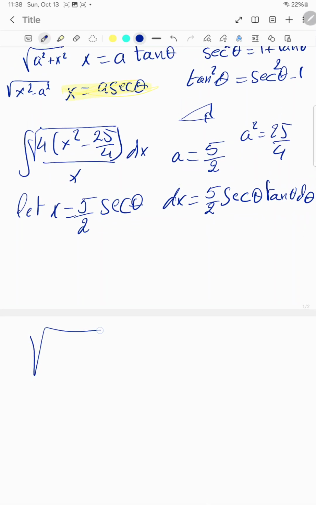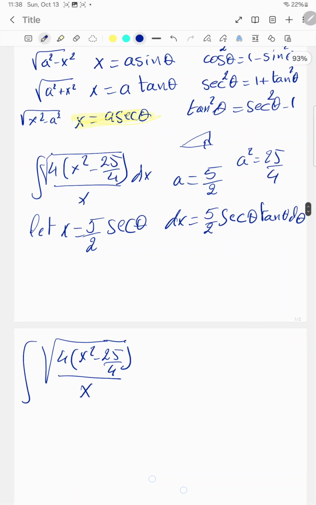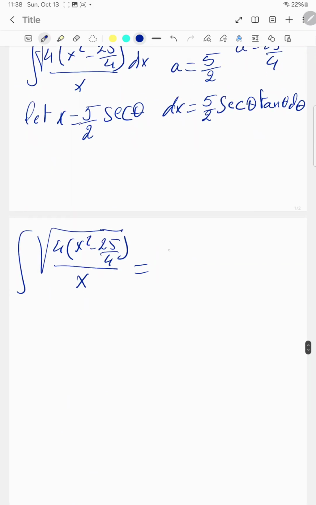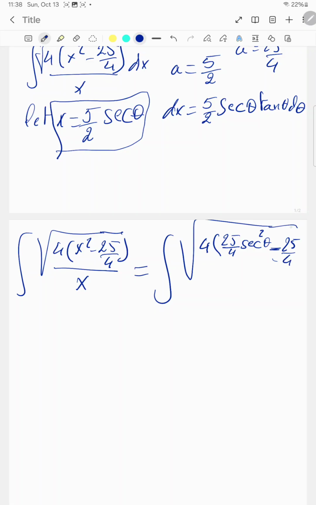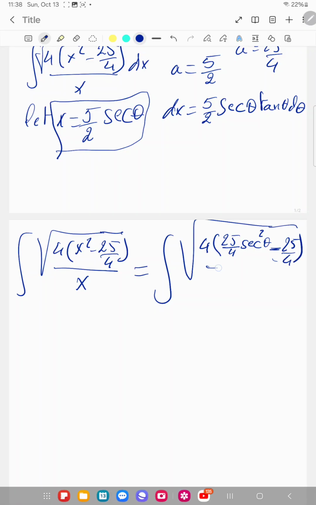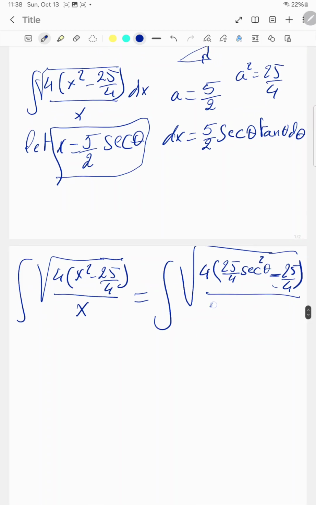Now, the square root of 4 times x squared minus 25 over 4, divided by x, let's write the integral here, is equal to the integral of the square root of 4, and instead of x squared, I can write 25 over 4 sec squared of theta minus 25 over 4, divided by x, which we said is 5 over 2 sec theta.